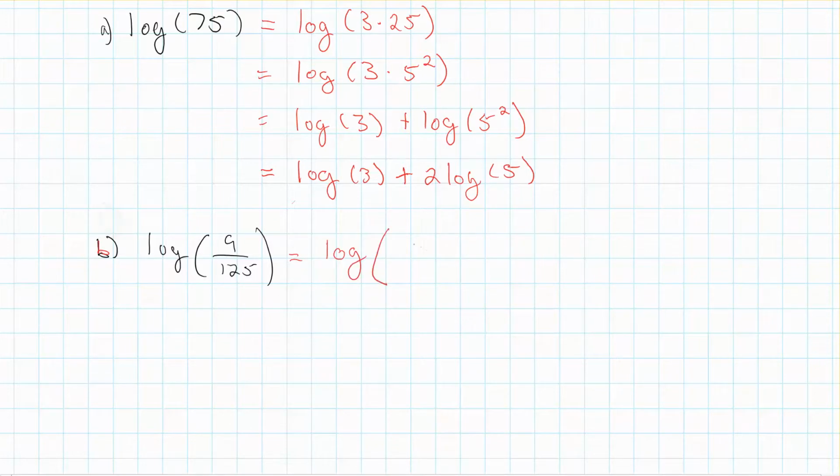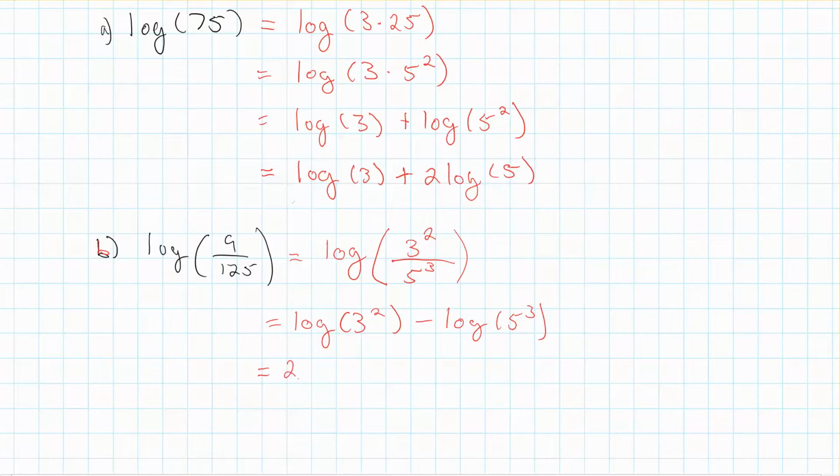Well, 9 is 3 squared, and then what is 125? That is 5 cubed. Now again, we apply the log properties, but now I'm dividing the 3 squared by the 5 cubed, so this would be using the quotient property, the log of 3 squared minus the log of 5 cubed.